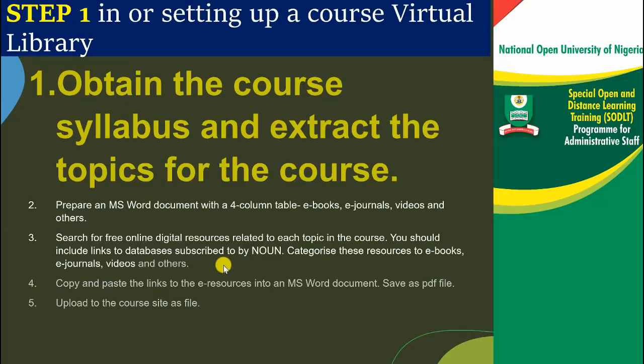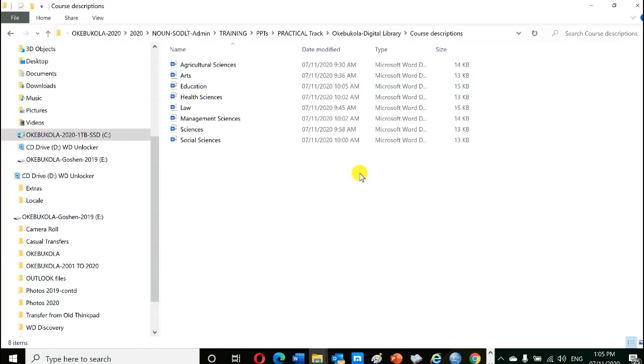So let's get on with step 1. Step 1 is for us to obtain the course syllabus and extract the topics for the course. How are we going to do that? Just see me do it. I've put here, for all our faculties, agric science, arts education, and all that, all the courses that I want you to use as practice for this special open and distance learning training.